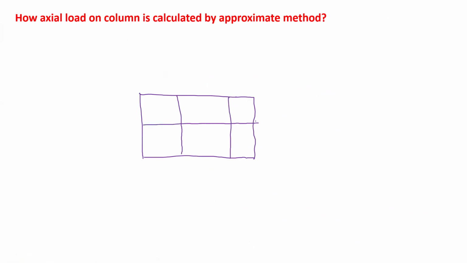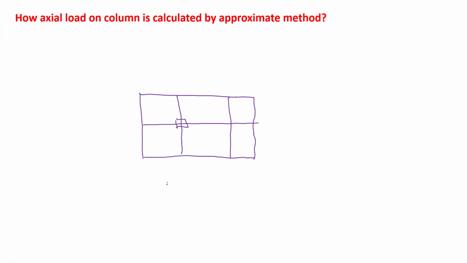Then axial load, this we already did in class. One problem we have solved. Suppose we have a plan in this fashion. Then how will we calculate the column load? So this will be my plan.